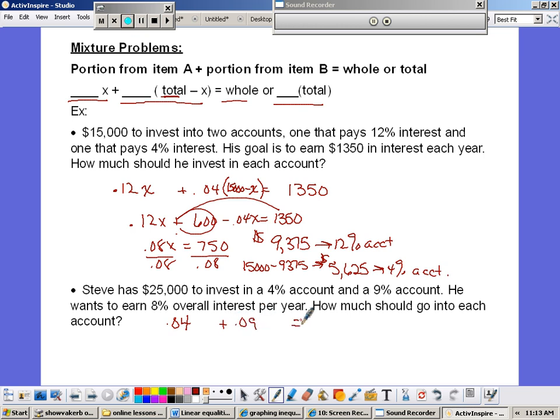And at the end, they don't tell me how much money he's going to get, but they told me I want 8% of his total. Unlike the other one, they gave me the interest amount total. I have to figure out my own interest amount total. In the first account, he's going to get X. In the second account, he's going to get 25,000 minus X, because that's how much is left after I put it into the first account.